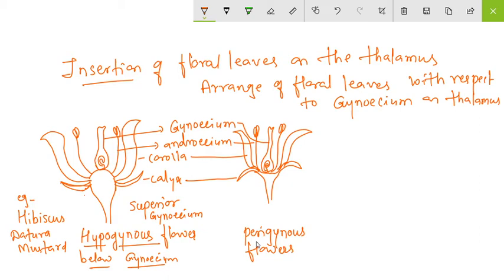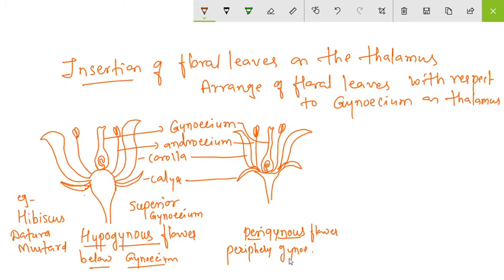Peri means at the periphery, that means surrounding, and gynous means gynoecium.